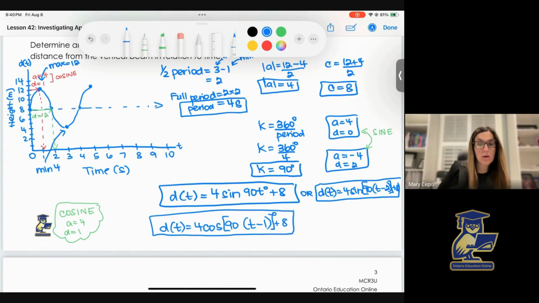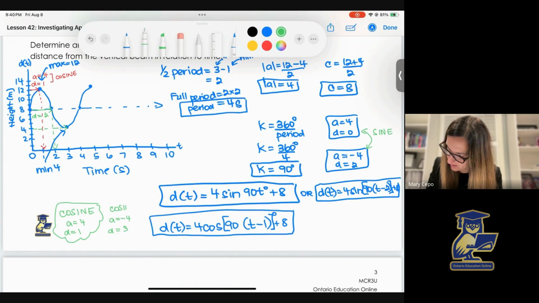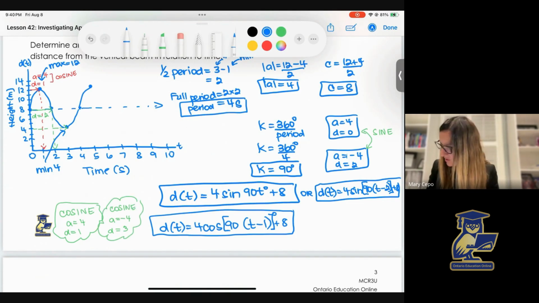If, however, we wanted A to be negative, we're going to say A is equal to -4, D is going to equal 3. And again, this is for cosine, just to give you options. And again, we don't need to show all these different options on the assessment, but it's good to know that we have different ways of expressing the same graph, and it's all based on that D value.